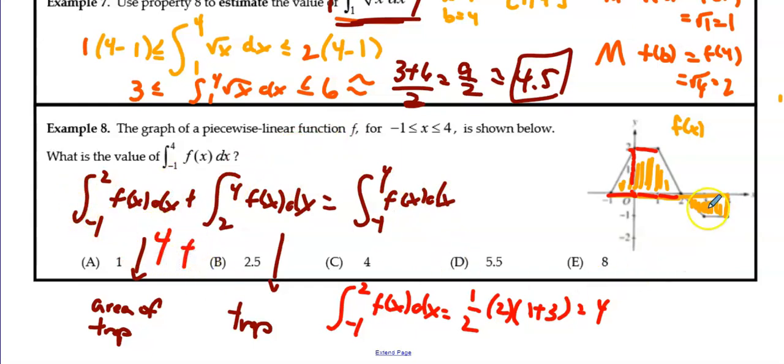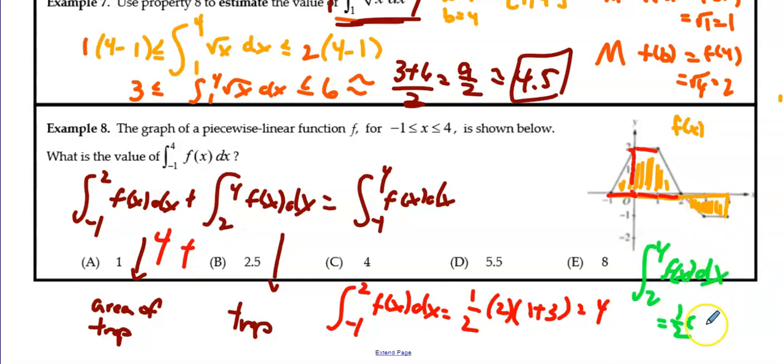Plus. Now, from 2 to 4, guys, this is what we have to understand about this one. So we're going to go ahead and change the color for this one right here. So the area of this trapezoid, the integration from 2 to 4 of f of x dx is equal to 1/2 again, but now our height is actually going to be -1.